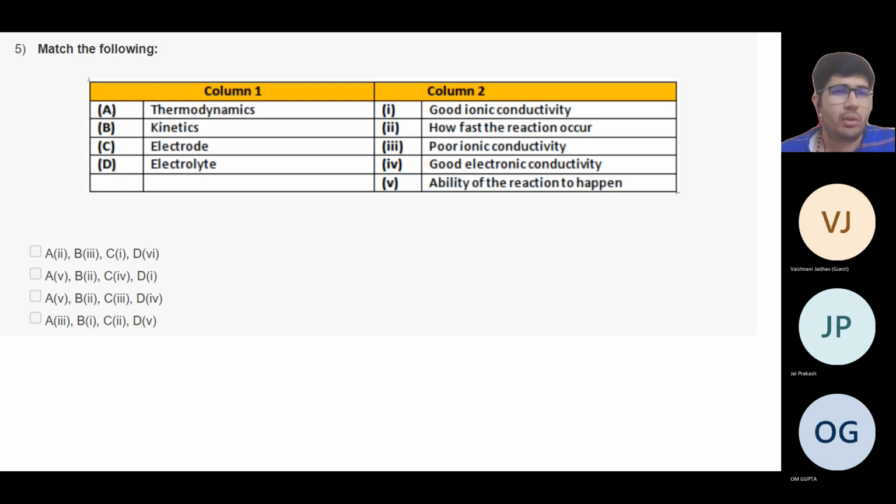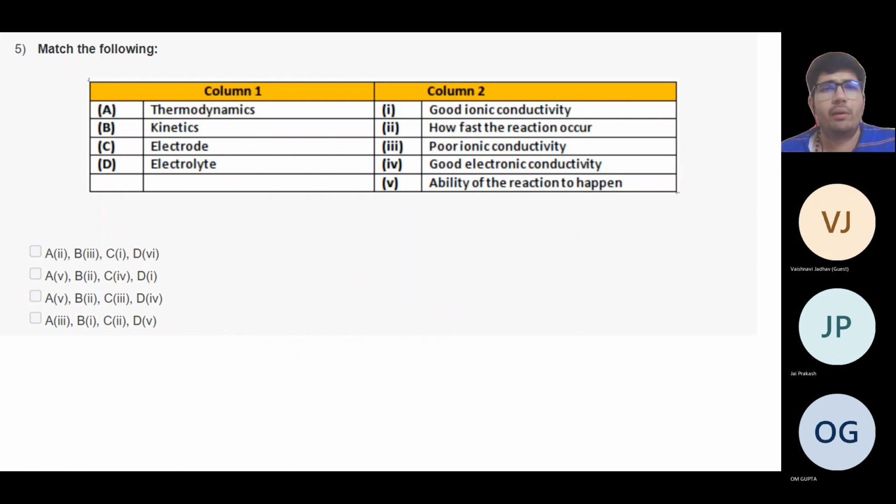Electrode should have good electronic conductivity, because in the electrodes, anode and cathode, electrons flow from the anode to the cathode. So there should be a very easy path for the electron flow.